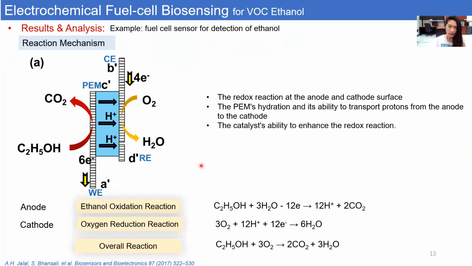Here is a fuel cell sensor for detection of ethanol. The redox reactions occur at the anode and cathode surfaces. We can see here the PEM and its ability to transport protons from the anode to the cathode, indicated by the arrow here.